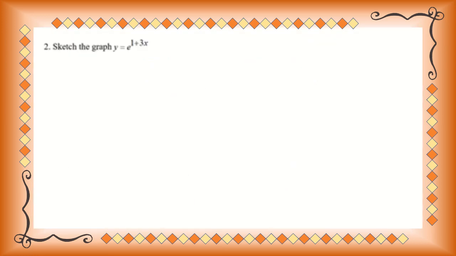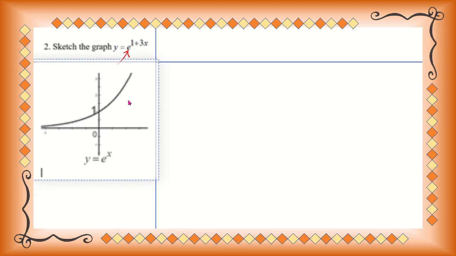Now we look at another example. Sketch the graph y equals e to the power of (x/3) plus 3. First choose the parent graph. You can see here, since there is an e here, the parent graph is the exponential function.